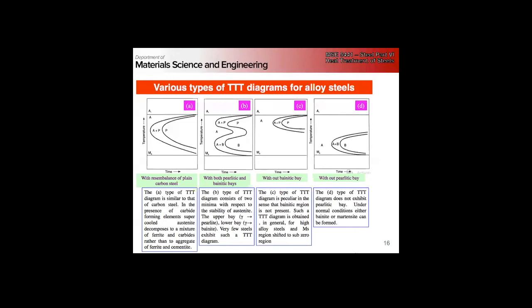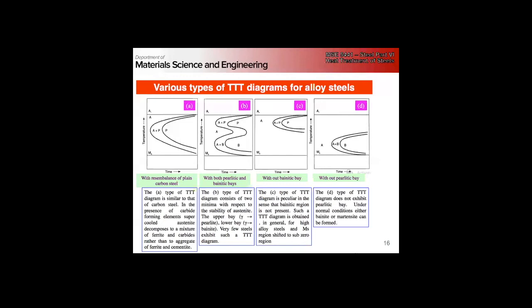So if we take a look at B, where we have a clear pearlite bay and bainite bay, right? Versus A, where bainite's sort of back here, right? This is something typical of plain carbon steel, where the kinetics of the bainite formation are fairly slow, right? We have very different processing options for each of these, right?